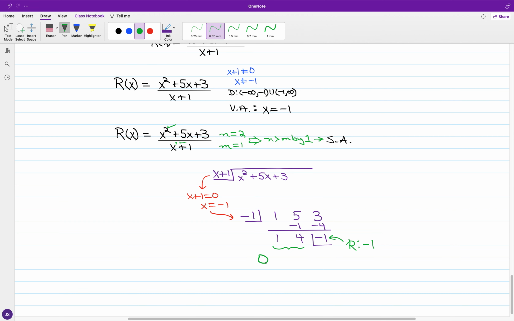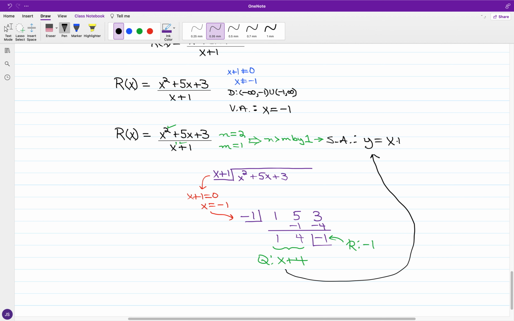The 1 at the front initially referenced 1x squared, but in the quotient it just references x, and the 4 that follows closes out the quotient. So the quotient is x plus 4, and we're going to have a slant asymptote, where y is equal to x plus 4.